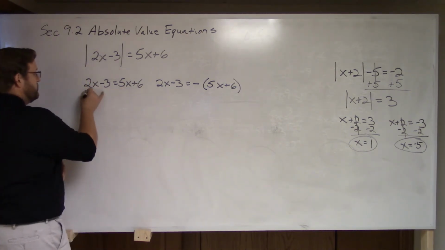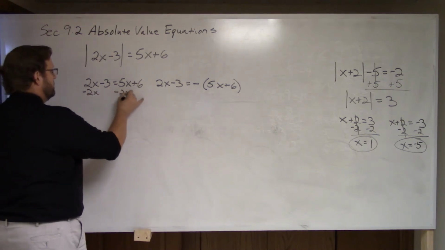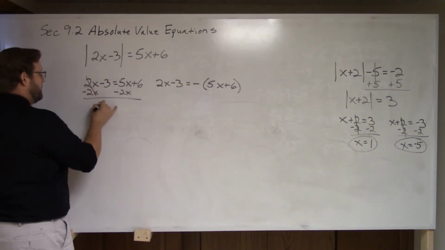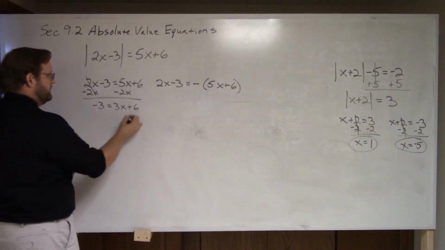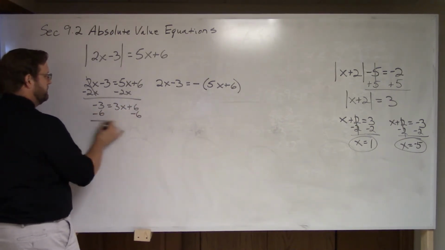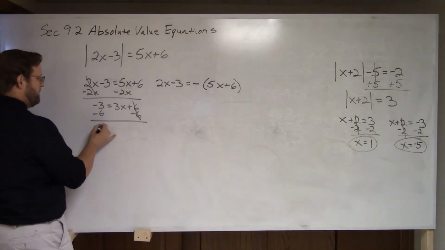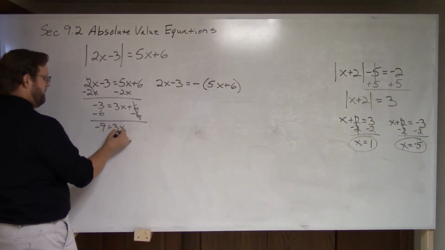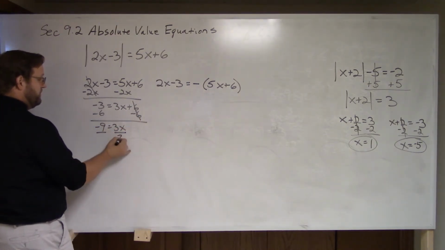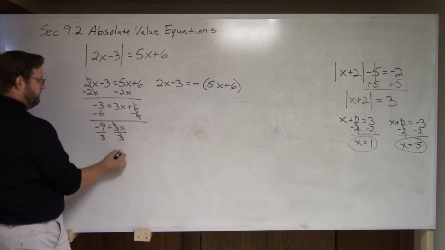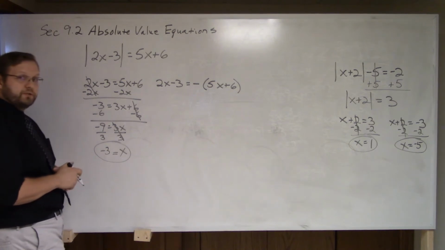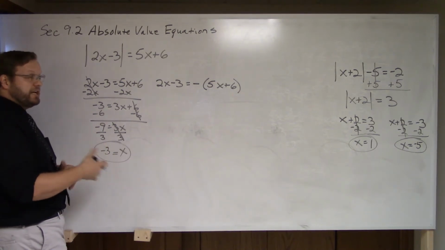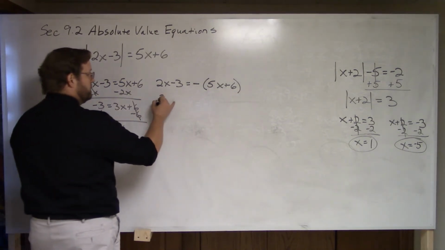So I'm going to subtract a 2x. Then I'm going to subtract a 6. And then I'm going to divide by 3. There's one answer. The other side, I start by distributing the negative.